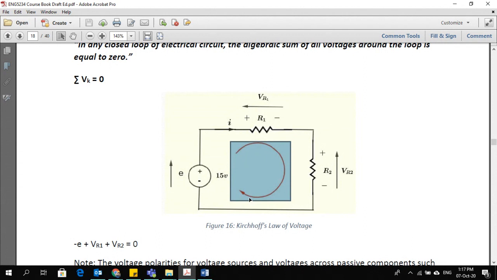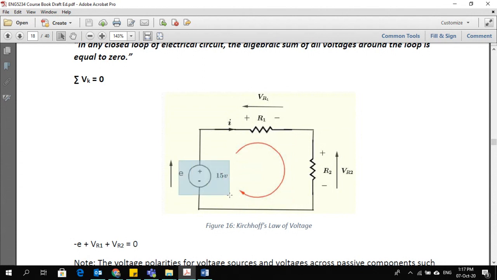The same direction is being specified by this arrow. Now we will go through this loop clockwise, because this arrow is giving you the direction of clockwise. So we will follow the same.